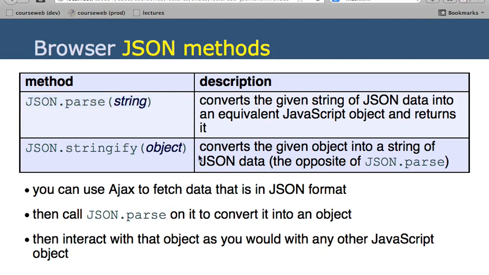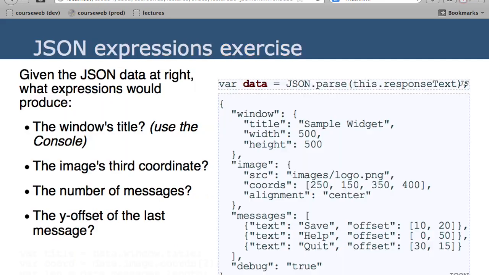We can just reach into that object and get its properties, and properties of the properties, and access array elements and things like that. If you have a JavaScript object that you want to turn into JSON, then you pass it to JSON.stringify, and that returns a string that is the JavaScript Object Notation for that object. These are the built-in methods in the browser.